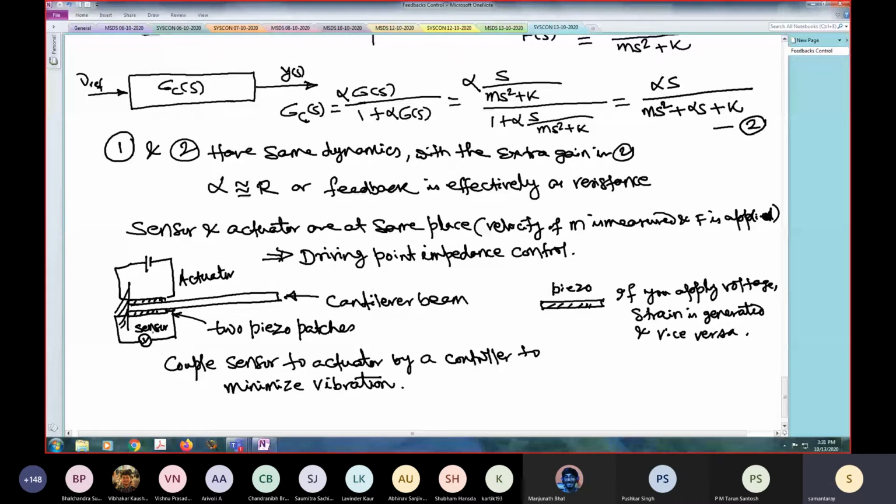So when you measure something, you apply a proportional actuation force. Then you can minimize the vibration. That is called smart structural damping or active structural damping.